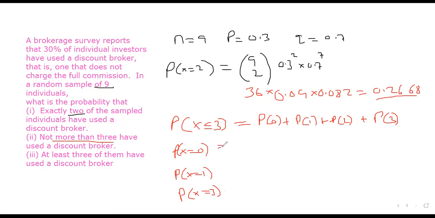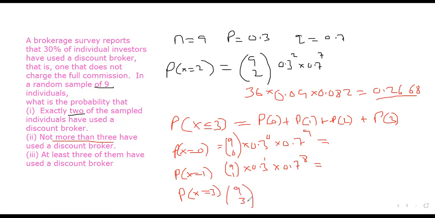So this will be 9 combination 0, 0.3 to the power 0, 0.7 to the power 9. And here 9 combination 1, 0.3 to the power 1, 0.7 to the power 8. How about the combination of 3? 9 combination 3, 0.3 to the power 3, and 0.7 to the power 6.